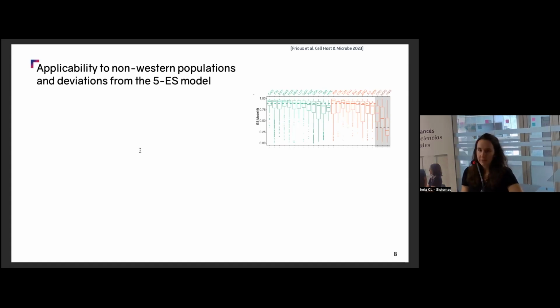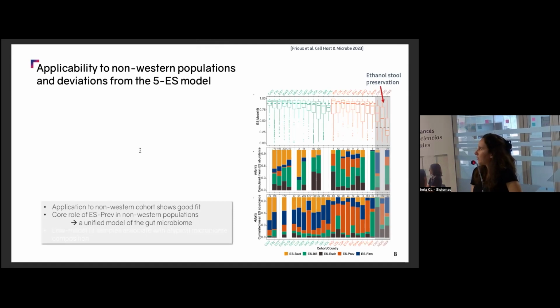So we went back to the papers, and we actually saw that these 3 cohorts were not preserved in ice after sampling, but in ethanol, which could explain the varying composition of microbial populations and the fact that the model doesn't fit. But for the rest of the cohorts, it fits pretty well, and we retrieve some features that we are expecting in these populations.